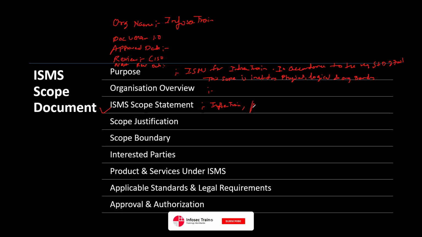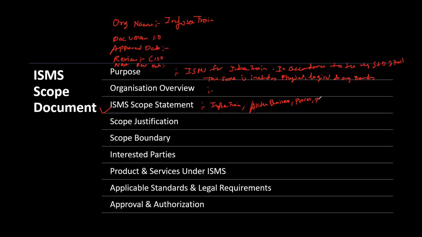We are going to cover all the business. Apart from that, we are considering the processes as well, every process and each and every person who is a part of that process. Apart from that, there are services which have been used, certain applications used internally, and the infrastructure, the physical things.